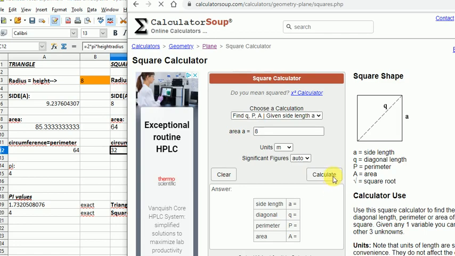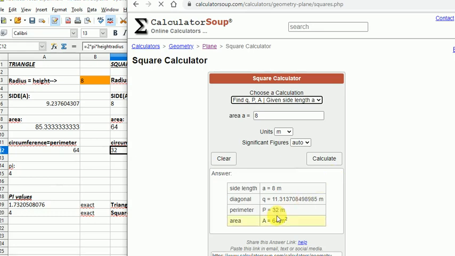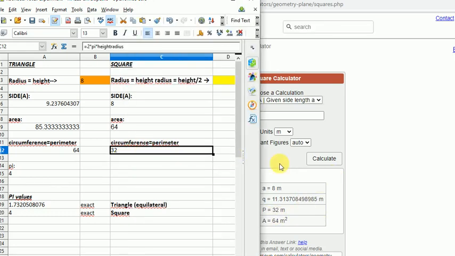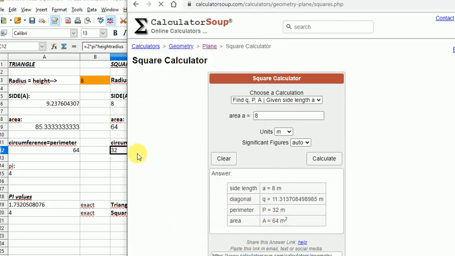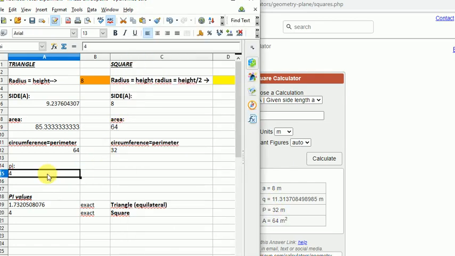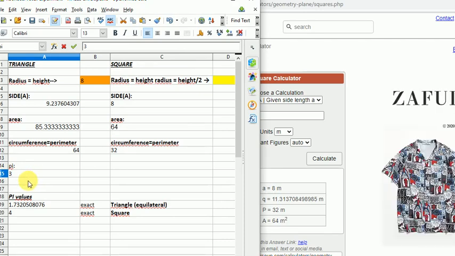Calculate that. Come on, don't embarrass me in front of people. P is the perimeter, 32. Check. And A is the area, 64. It won't work for the normal pi, which is only reserved for circles.